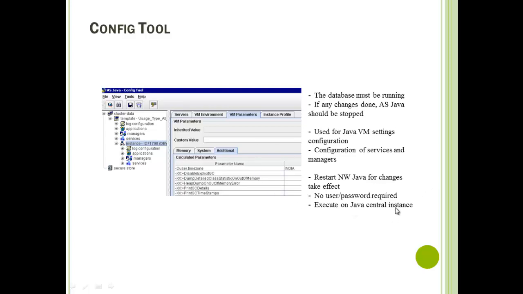The password is basically the one you define when you install the Java SAP server. You will have a master user ID, and you can also create additional admin users. The master user ID you create, and you also specify its password, and using that you can log into this config tool.